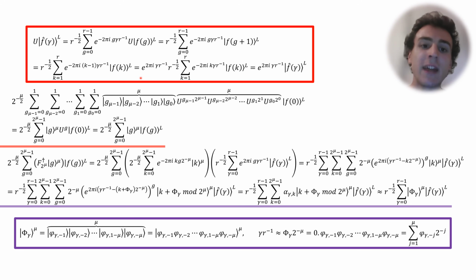So we have pulled that factor out, and what remains inside is e to the minus 2 pi i k gamma times r to the minus 1. So this is the remaining other part of this complex exponential. So all we've done is used exponential laws, and we've split this complex exponential factor into two factors. And then the part that does not depend on k, we have pulled outside of this summation.